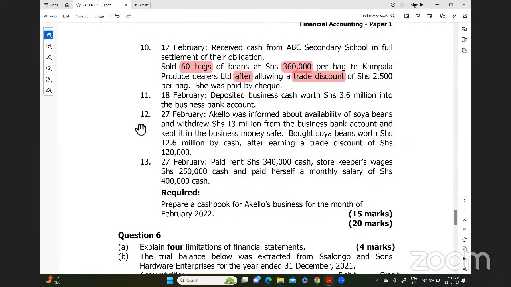Finally, on the same 27, paid rent 340 cash. The storekeeper's wages 250 cash, and paid herself a monthly salary of 400,000 cash.